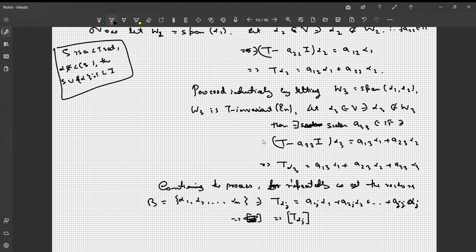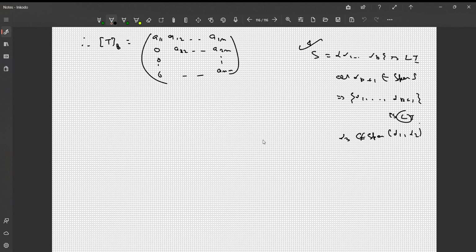So that implies, what is the coordinate of T alpha j with respect to this basis? Let this basis be B, because this is an ordered basis, where the dimension of V is chosen to be n, because we already know it's finite. So it's a vector of this form, right? It's of the form A1j, A2j, and so on till Ajj, and the rest of the elements are 0.